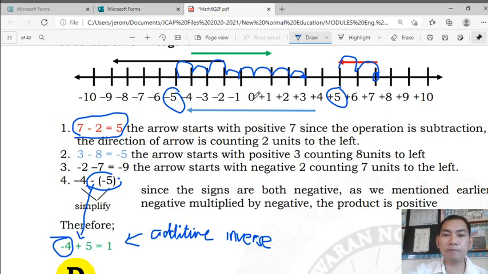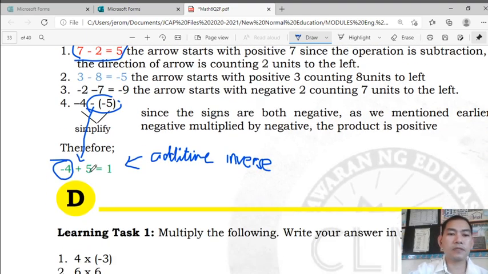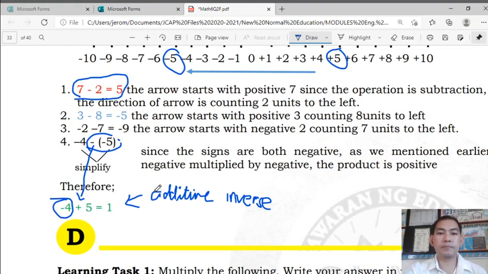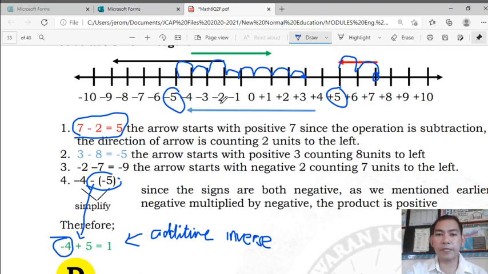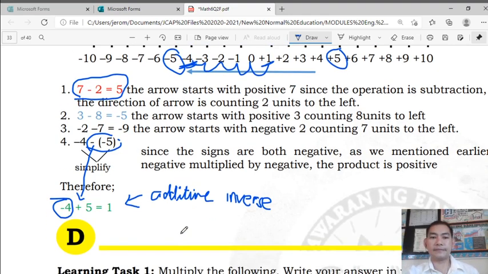So negative 5 is from 0 to the left, positive 5 from 0 to the right. So negative 4 plus positive 5. Negative 4 plus 5, going to the right now because it became addition. 1, 2, 3, 4, 5. So the answer is positive 1.